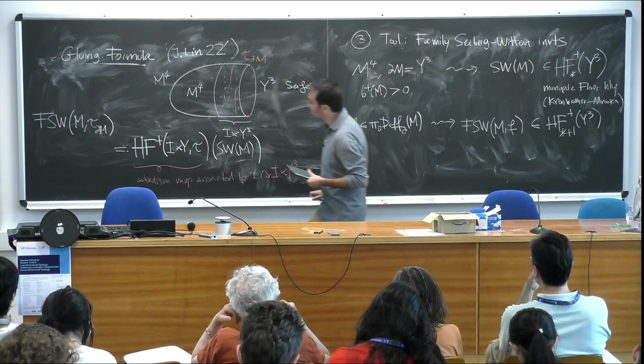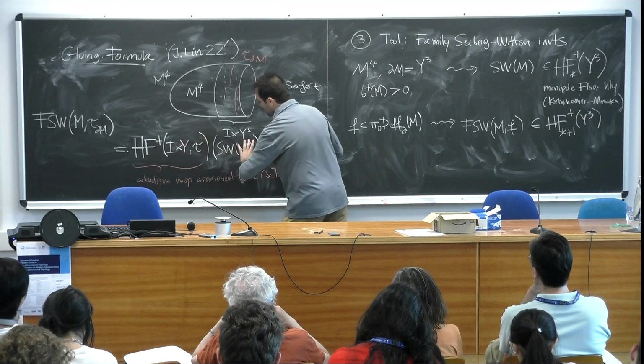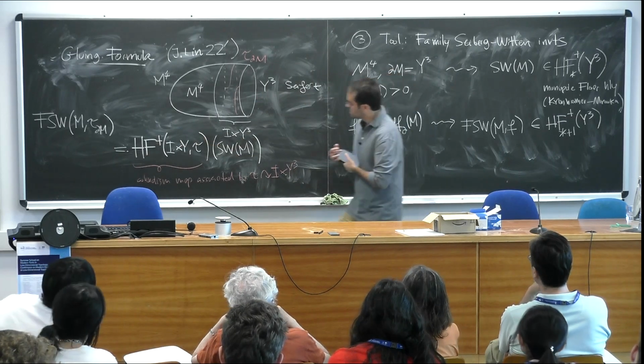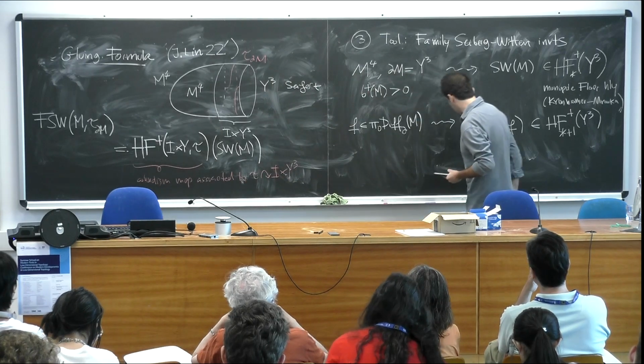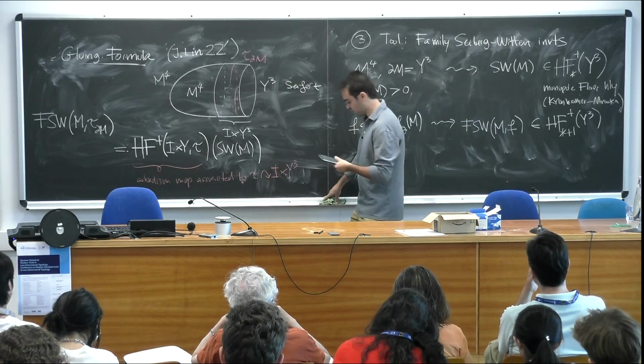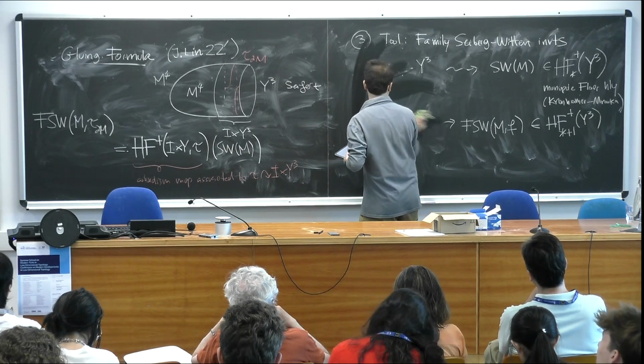So using this gluing formula, you can try to compute both pieces and use that to show that the family Seiberg-Witten invariant is not zero. Let me describe the calculation we did.